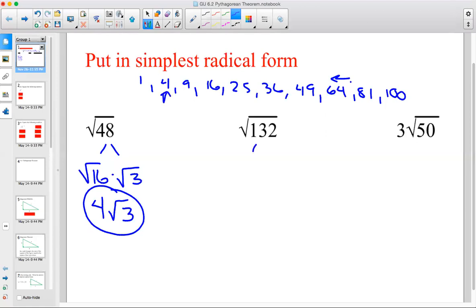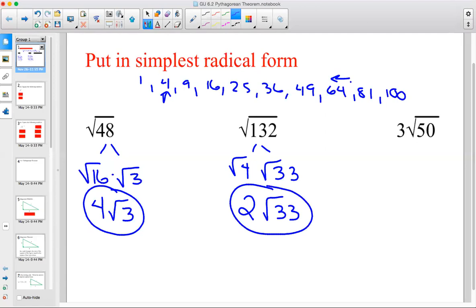So I'm going to split this up into radical 4 and radical 33. So this is actually 4 times 33 equals 132. The square root of 4 is 2. The radical 33 stays the same. Okay. So that is our simplified radical form for the middle one.